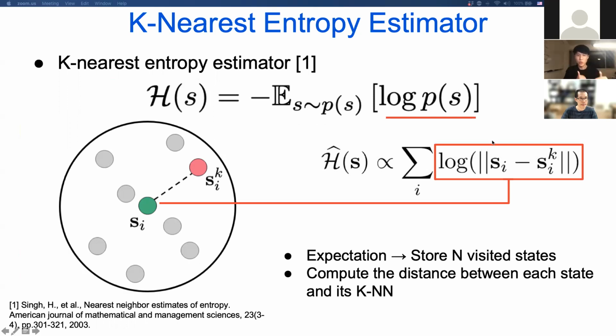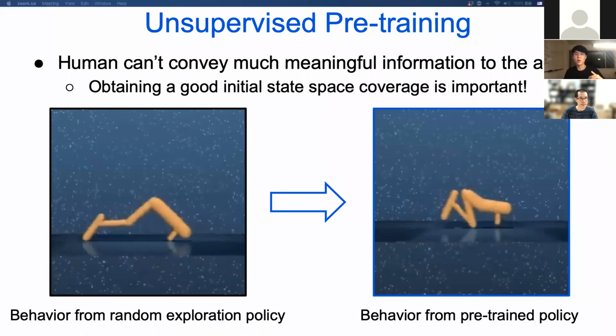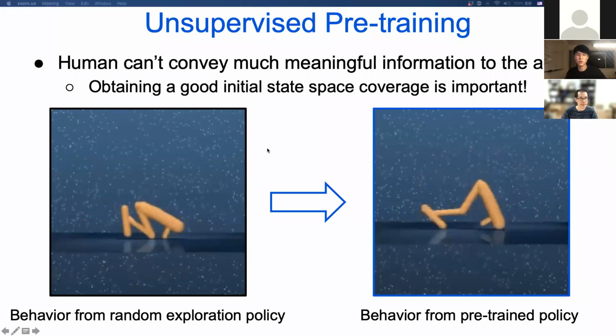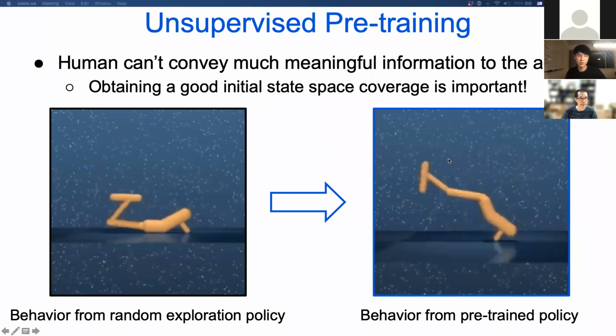So the intuition behind this equation is that the distance to the k-nearest neighbor would be higher as the agent visits a more diverse set of states. So using this state entropy estimator, we encourage our agents to explore the environment without any supervision. And here is a qualitative example of the difference between the naive agent versus the unsupervised pre-trained agent.